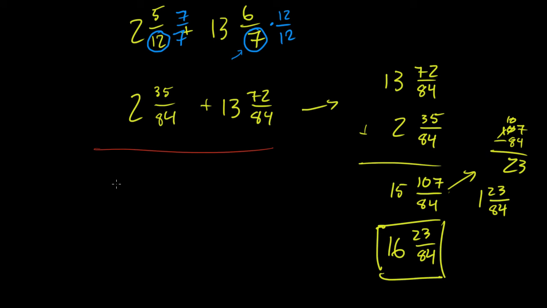Okay, so just to recap, when you're adding mixed numbers, just like with fractions, we need common denominators in our fractions. And once we've figured out the common denominators, we should add the fractions. I like to do it vertically.